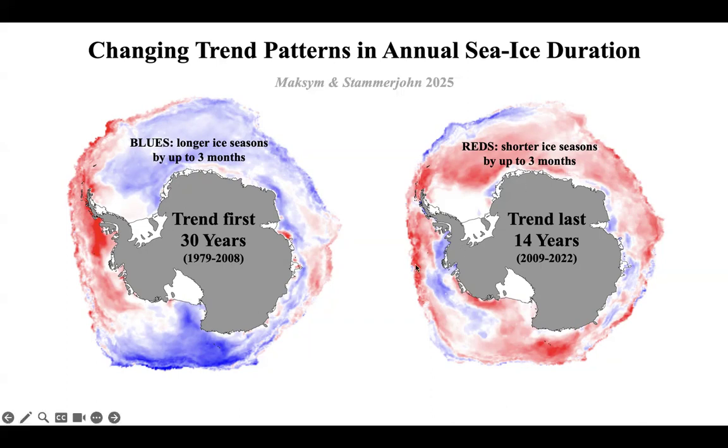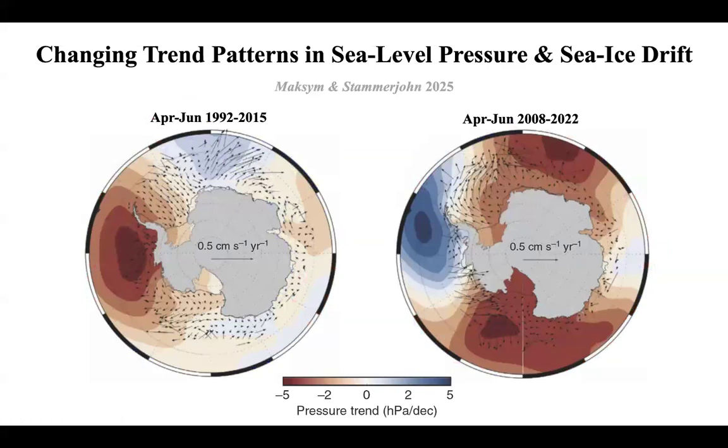We have this interesting feature in some of these coastal regions. I'll get back to this, but this is largely shifts in the Amundsen Sea low. On that point, what I'm showing you here now are the trends in sea level pressure in shading. Here we have decreasing trends in this Amundsen Sea low area, and that was very pronounced in the first half of the record.